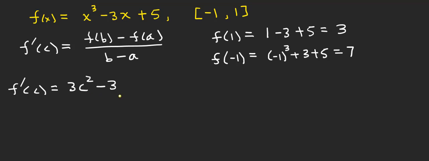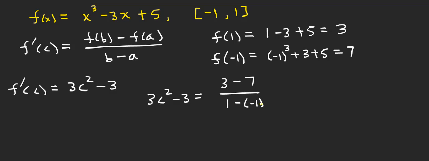Now we got to set it equal to each other. So we got to find 3c squared minus 3 equals f of b, which is 3, minus f of a, 7, over b minus a, which is 1 minus negative 1.